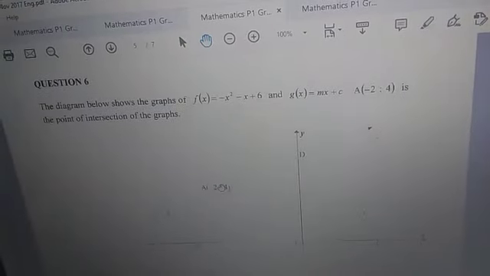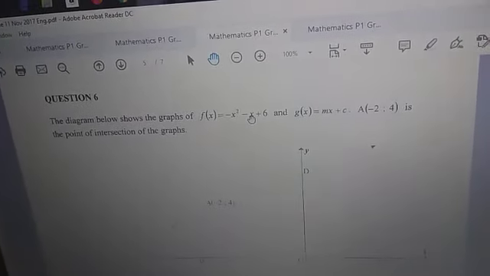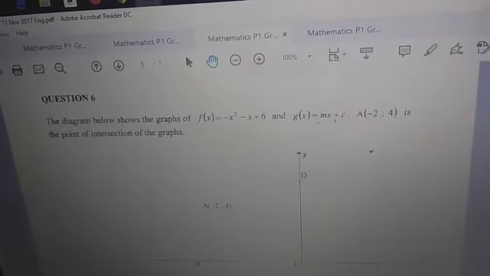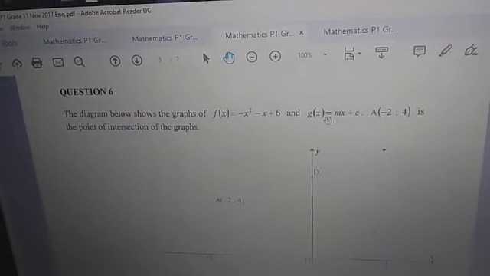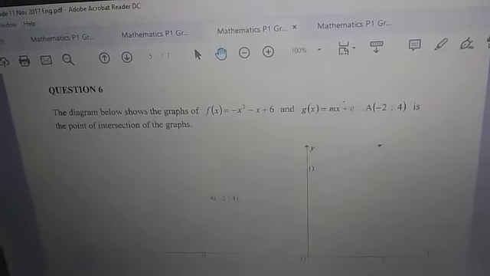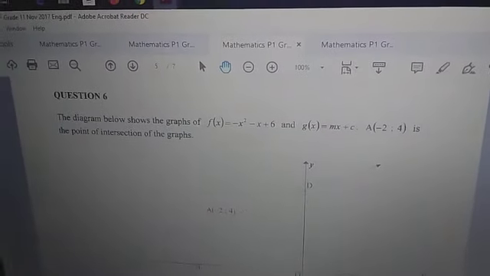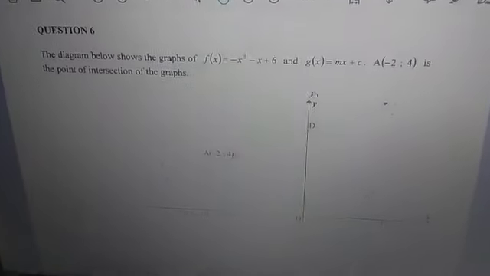Okay, on question 6, we are given a parabola equation, and we're also given a straight line equation. And there are no values here. It means that these guys are going to ask us to determine these equations. But if you look at the graph, you already have an advantage because point A is given on this graph.